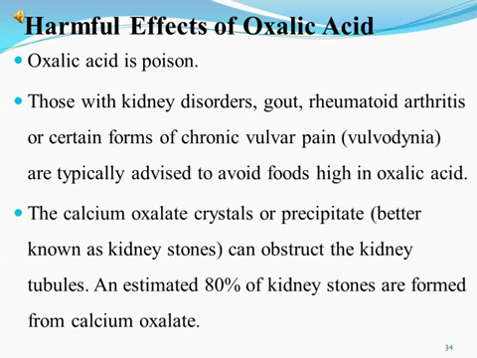Calcium oxalate crystals precipitate, better known as kidney stones, because most kidney stones are formed by calcium oxalate. It can obstruct the kidney tubules. An estimated 80% of kidney stones are formed from calcium oxalate.